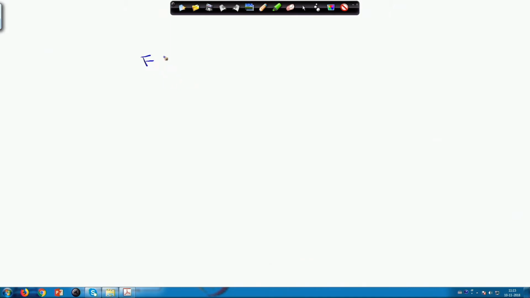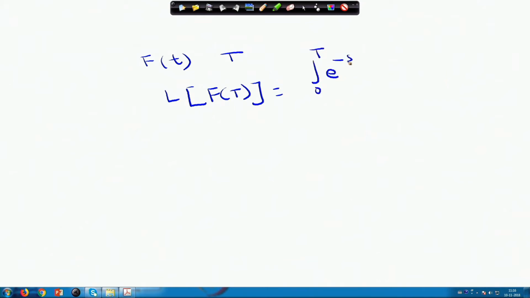If f(t) is a periodic function with period capital T, then the Laplace transform of f(t) is equal to the integral from 0 to capital T of e^(-st) f(t) dt, divided by 1 minus e^(-sT).